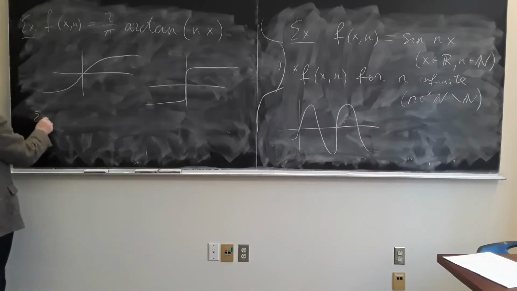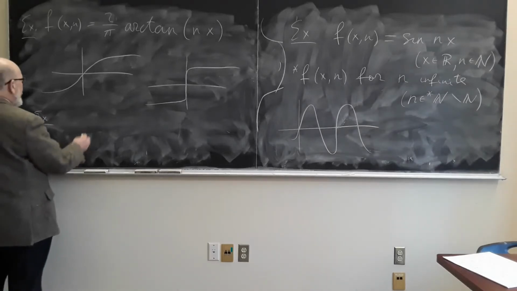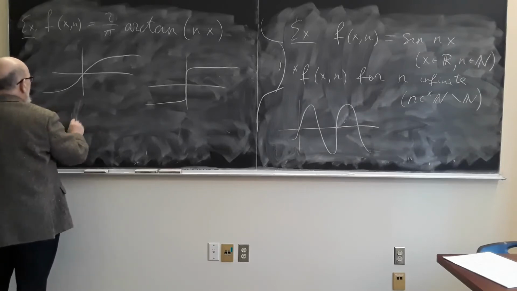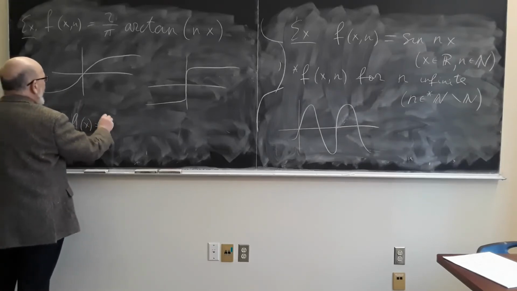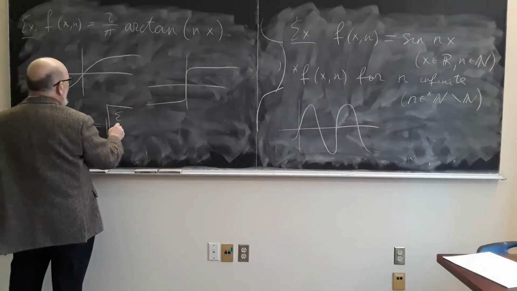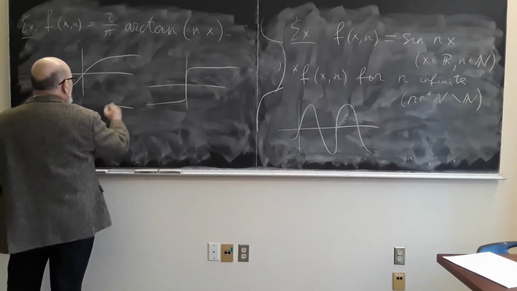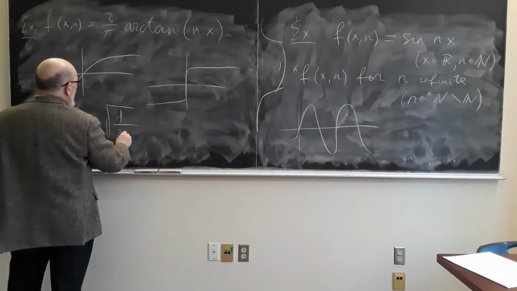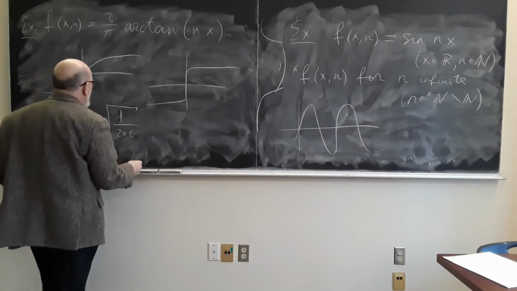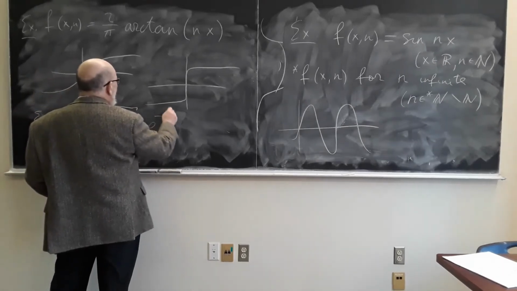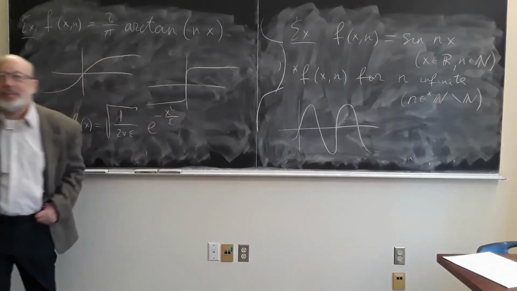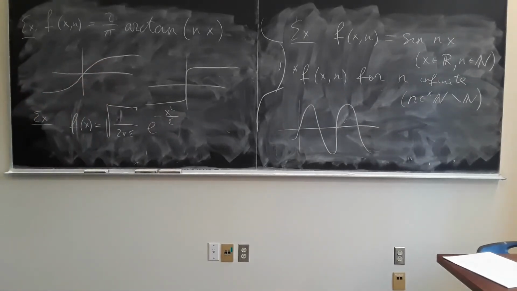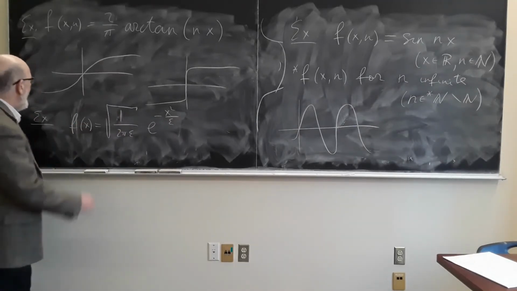And the next example is, say, the Gaussian function. f(x, epsilon) equals the square root of 1 over 2 pi epsilon, times e to the minus x squared over epsilon.